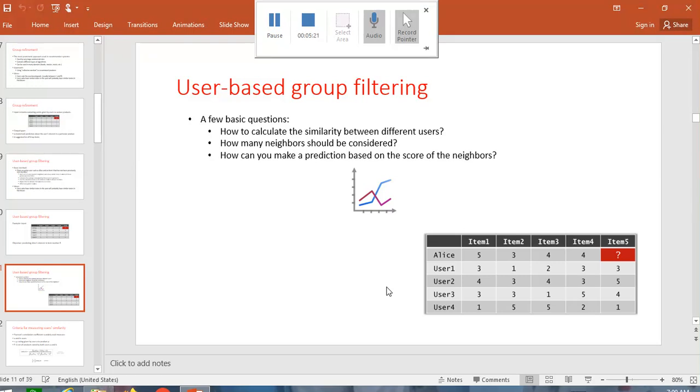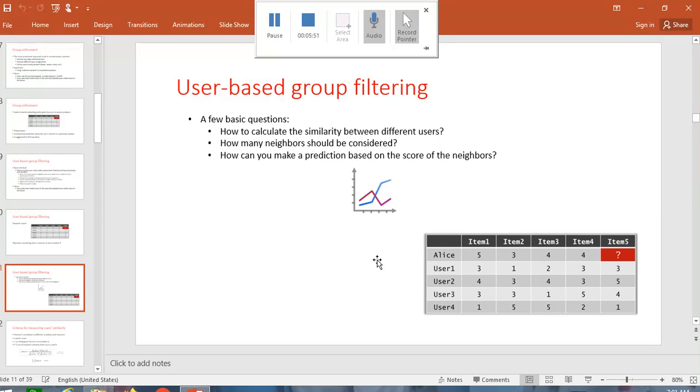For each prediction, we need the entire matrix. These scores are constantly changing and updating. So if you use an offline model, you need to update the metrics. The periodicity of these updates depends on the type of site and the dynamic size of the scores.